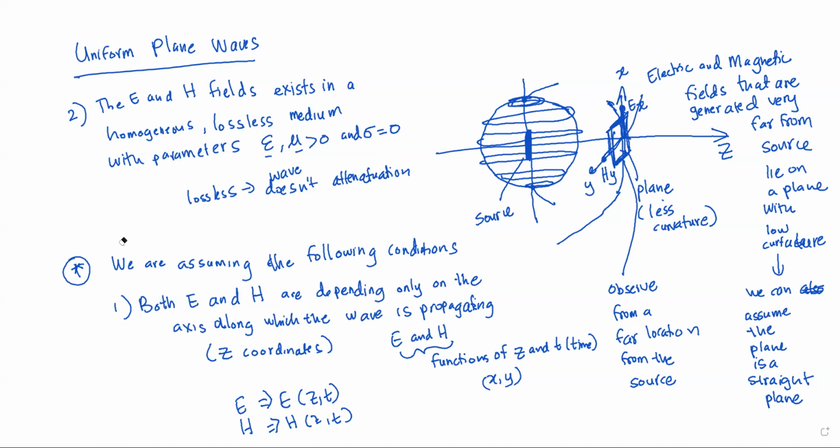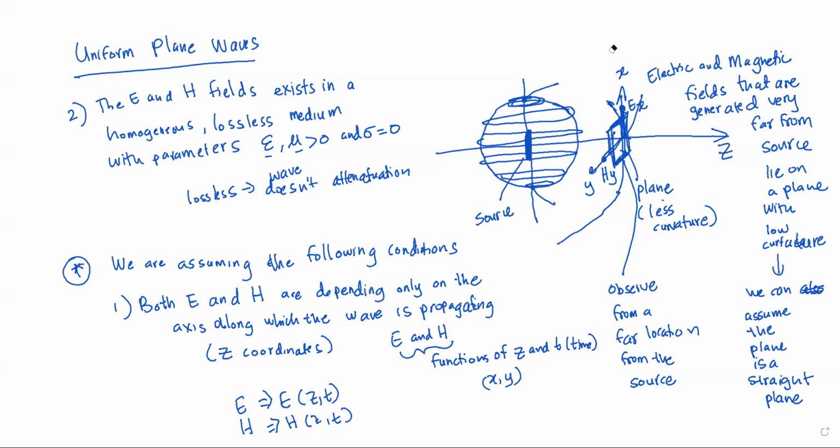The wave is going along a homogeneous lossless medium, and the electric and magnetic fields are depending only on the axis along which the wave is propagating. So the wave is going in the Z coordinate axis, and the functions of electric and magnetic fields are depending only on Z and T.